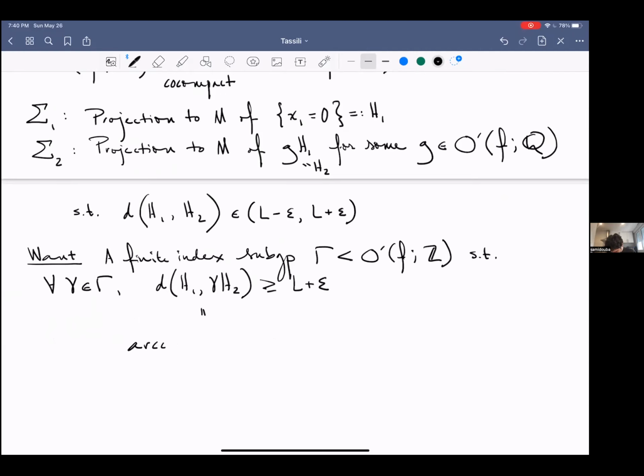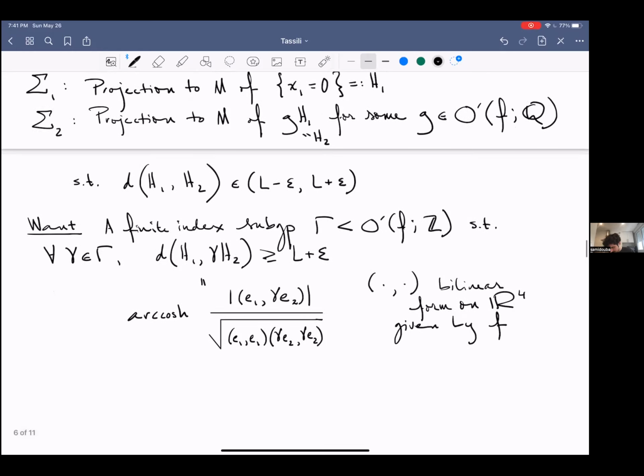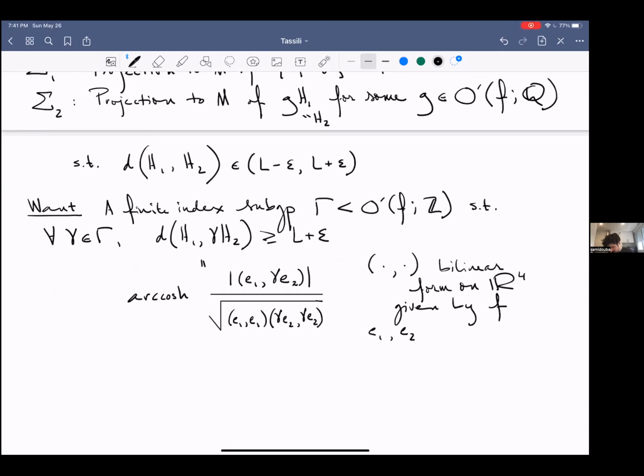It's something like, I hope this is correct, arccosh of this quantity, where this is the bilinear form on R^{3+1} given by F. And E1 and E2, I can always pick them to be integer vectors orthogonal with respect to this form to H1 and H2 respectively.